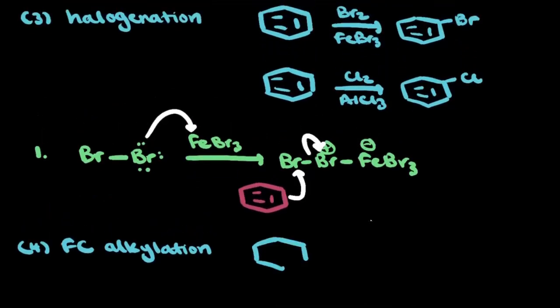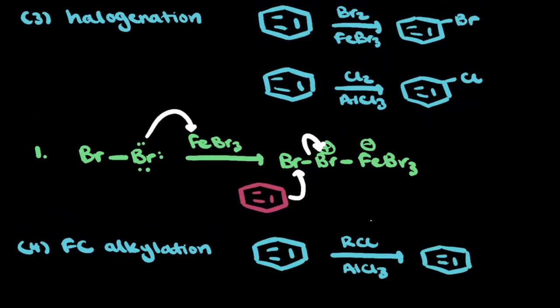Well, not whatever R group you want, there's some exceptions. So you're going to have some sort of an alkyl halide, could be bromide or chloride, doesn't matter, and AlCl3. The whole purpose is that you're going to be attaching some sort of R group that usually contains only carbons and hydrogens.